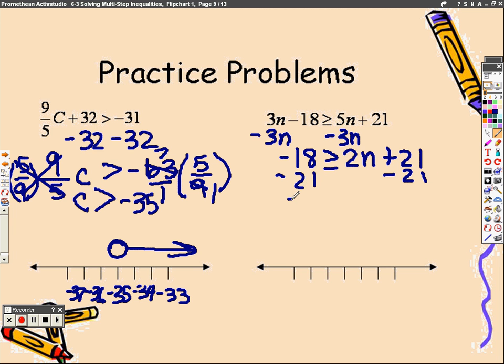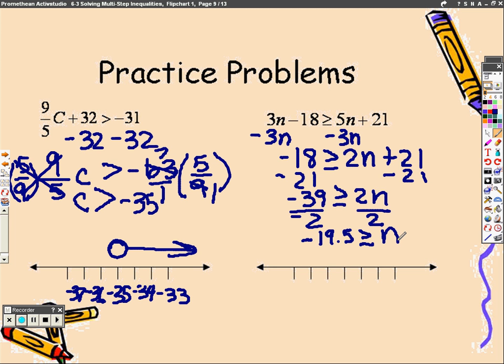And I end up with negative 39 is greater than or equal to 2n. Next step to get the variable by itself is to divide by 2 on both sides, and I end up with negative 19.5 is greater than or equal to n.